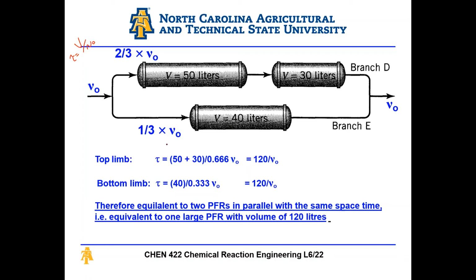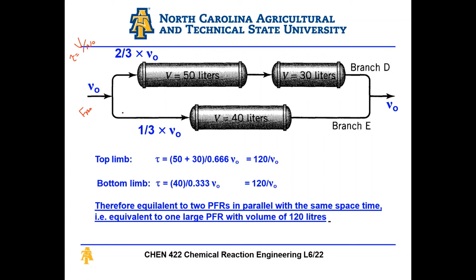So I need to find a division of the flow rate, whatever it is. If it's a volumetric flow rate, or if you have a molar flow rate, it doesn't matter. You need to divide this flow rate somehow such that tau is the same in both branches. In this case, you're given the answer.